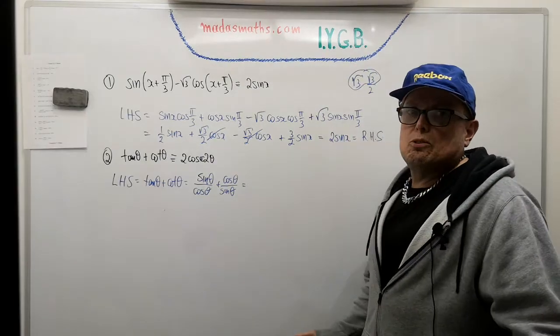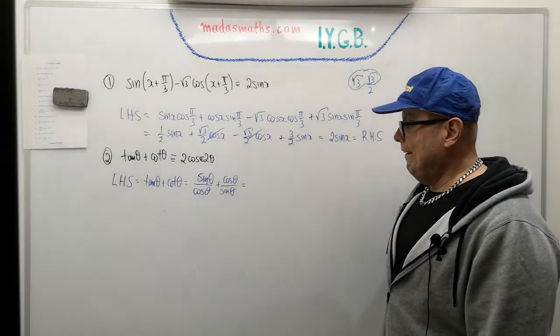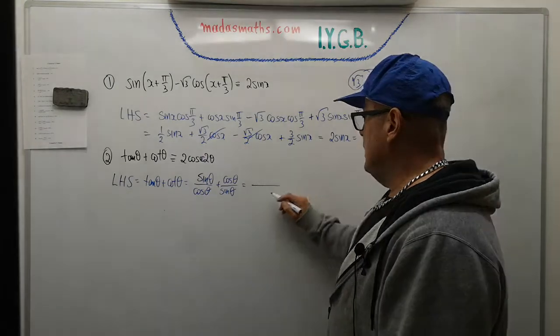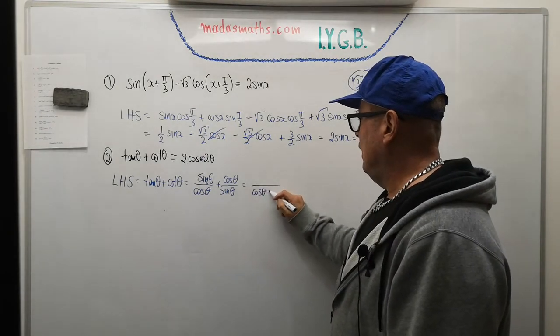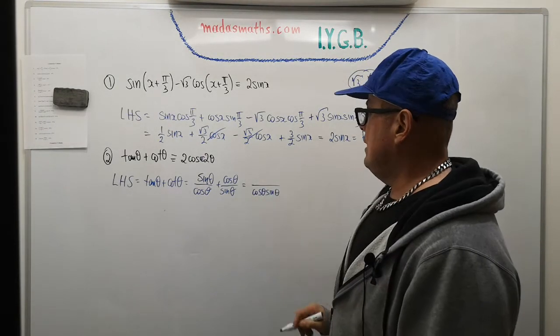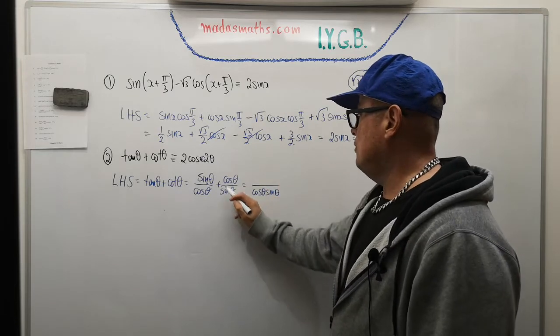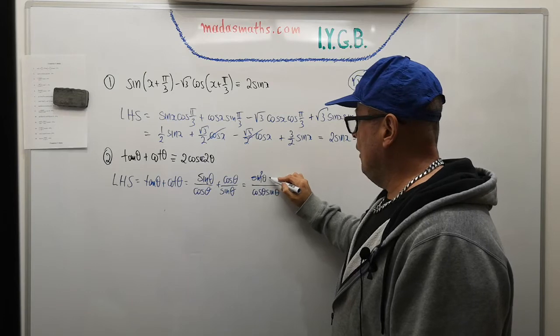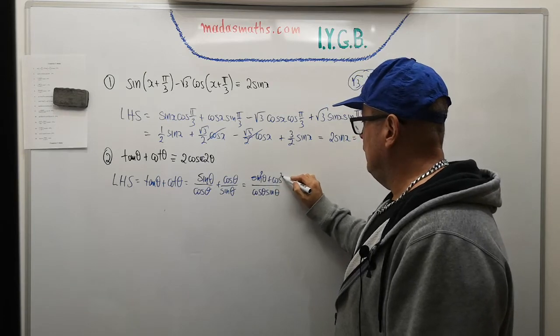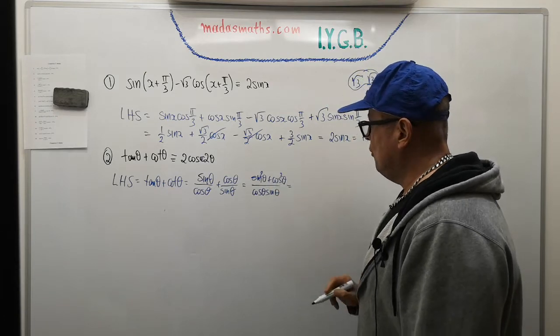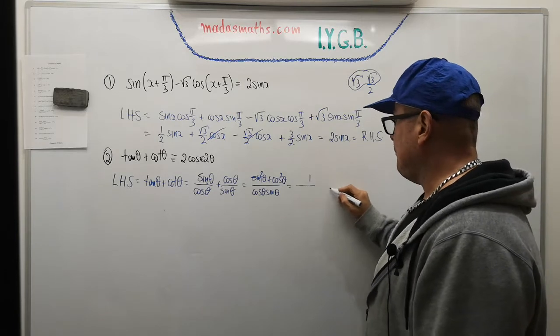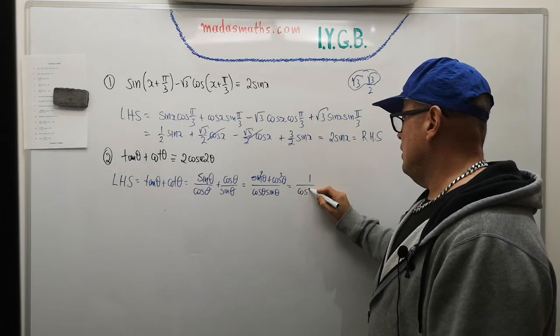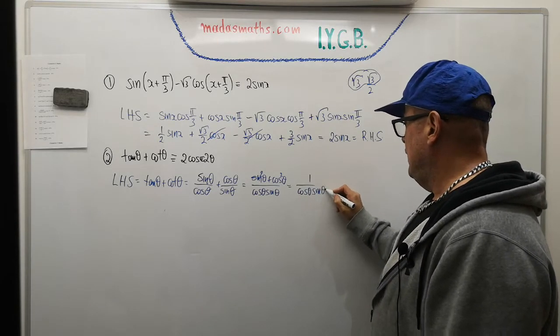There's not much to do but to add the fractions. Okay, common denominator, cos theta sine theta, and on the top, timesing it across, it's going to give me, and it looks good already because I got a sine squared plus cos squared theta, which of course will give me a 1 over cos theta sine theta.